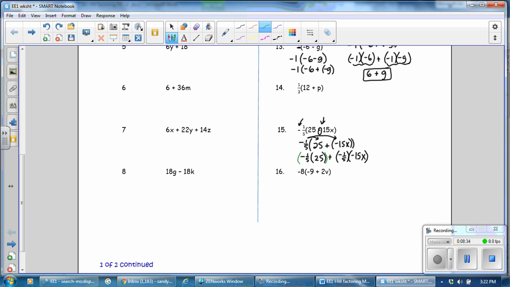So the first term is -5 plus, and now I want a fifth of 15x. So a fifth of 15 is 3. A negative times a negative is a positive, so that's going to be a positive 3, positive 3x. So this is the sum, and this was the product. Let's turn it over to the second side.